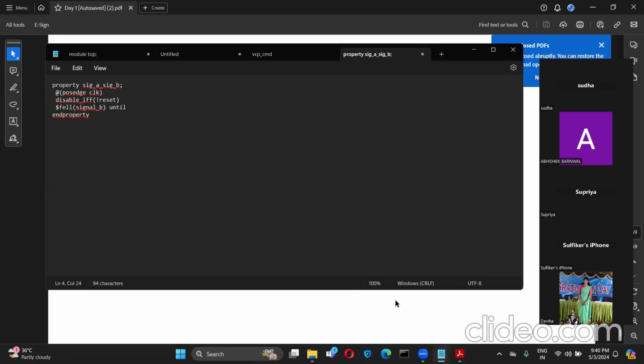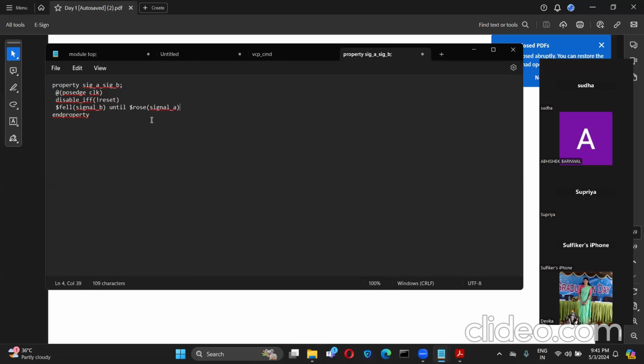So you can write until the signal A is high, either just signal A, or you can use $rose of signal A. So what this will give: the signal B, when it is low, until then this will not get asserted.